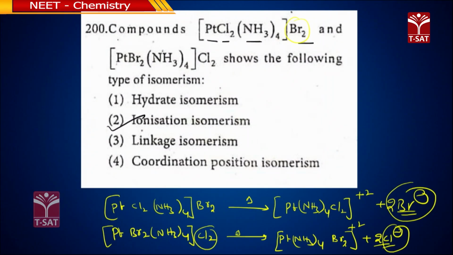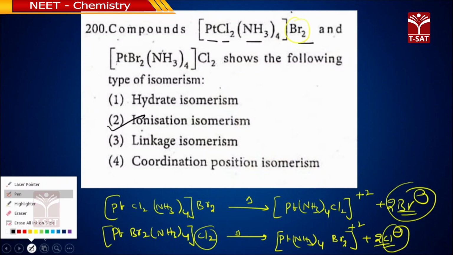This isomerism is ionization isomerism because upon ionization we get different ions. To identify ionization isomerism, do we need to do all these things? No, it is not needed. By seeing the compounds alone, we can say whether it is exhibiting ionization isomerism or some other isomerism.